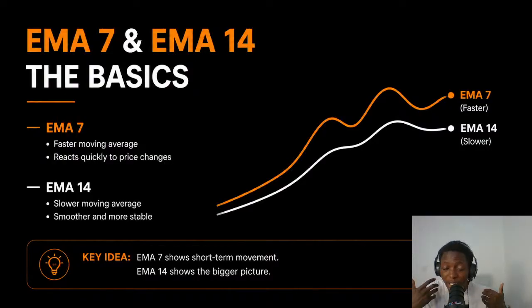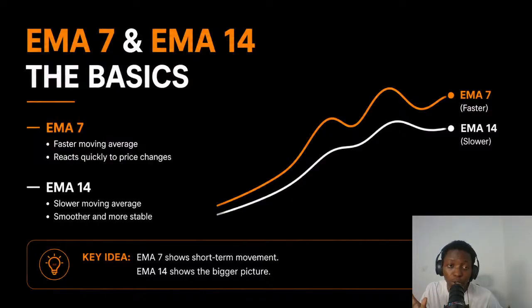A simple moving average is called SMA, and we're going to be using EMA, the exponential moving average.